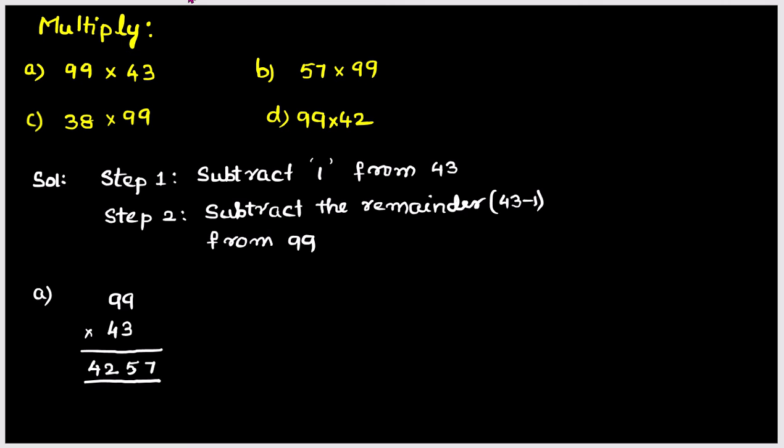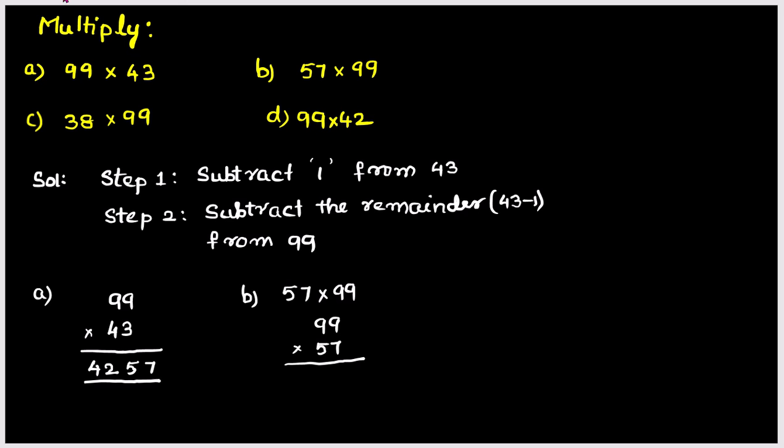So similarly, let us check B, that is 57 multiplied by 99. So here also, whatever the number we are multiplying by, the number contains all 9s. From 57 what we need to do? Always you have to subtract 1. So this is the fixed number, children.